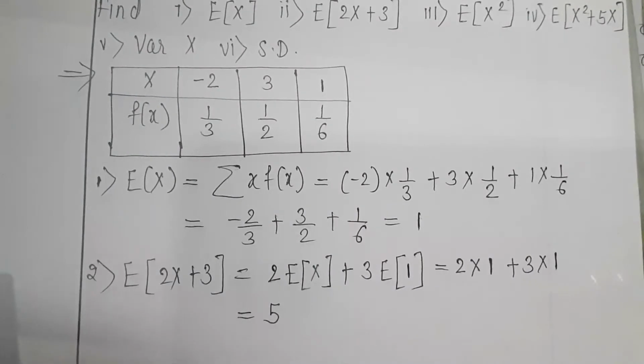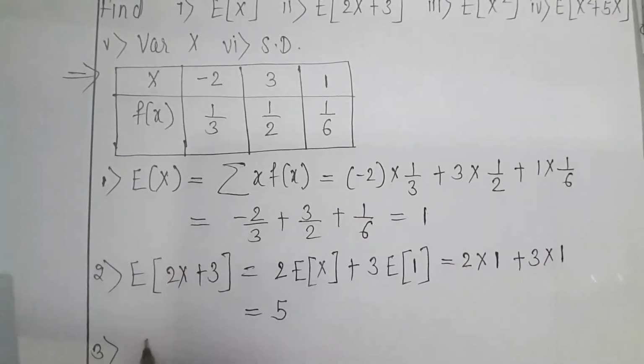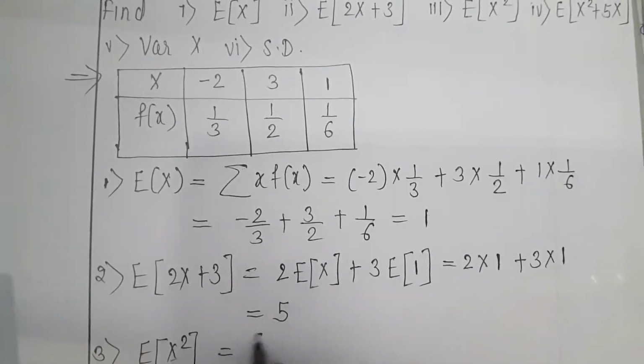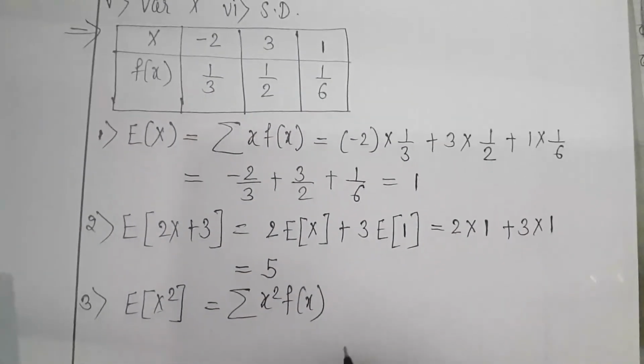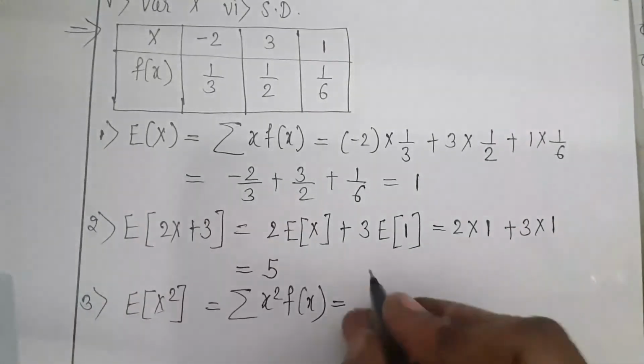Next is expectation of x square. What is the formula? In the bracket we have the x square function, so it is x square multiplied by the given probability function f of x. So x square means we need to find the square of each and every value of x.